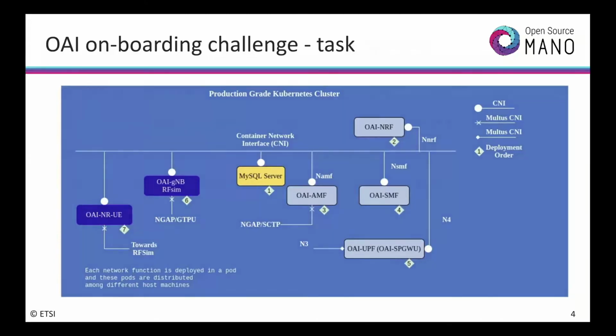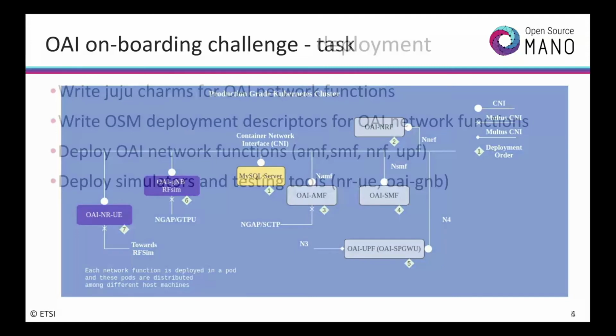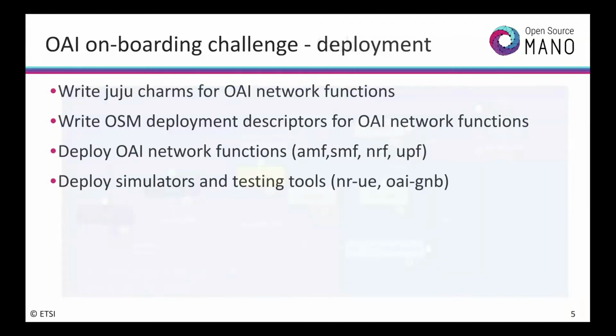The practical tasks that you will actually be doing are writing code for Juju charms for the OpenR interface network functions and the simulators. Then you will write the deployment descriptors for these network functions. No worries if you don't know yet what deployment descriptors are. I will be covering that in a later session. Then deploy the network functions and the simulators.